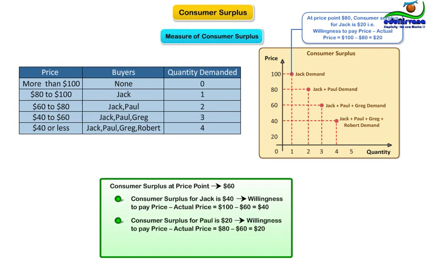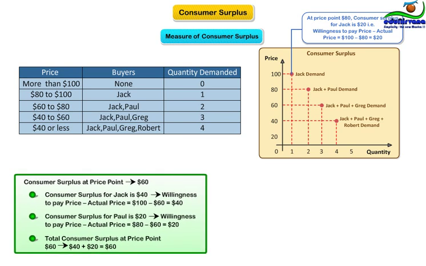The consumer surplus for Paul is $20. That is, $80 minus $60, results in $20. So, the total consumer surplus at the price point of $60 is $40 plus $20, which results in $60.